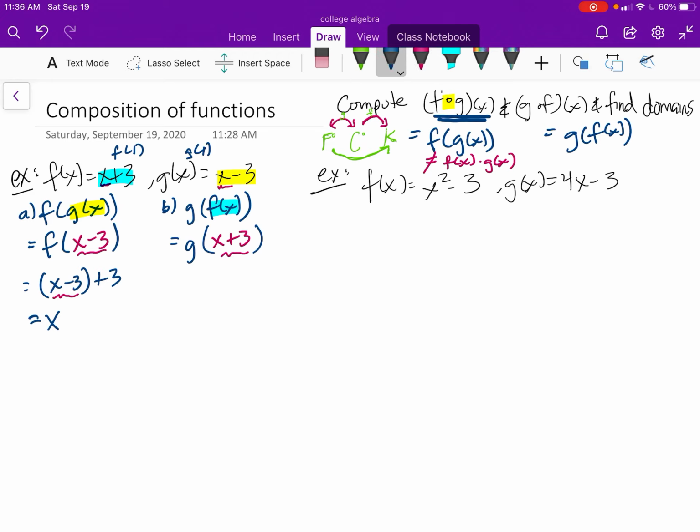So now I have x plus 3 minus 3. Again, we will get x. Notice, I substituted this x plus 3 in for x on the g function. We get x in both of these.